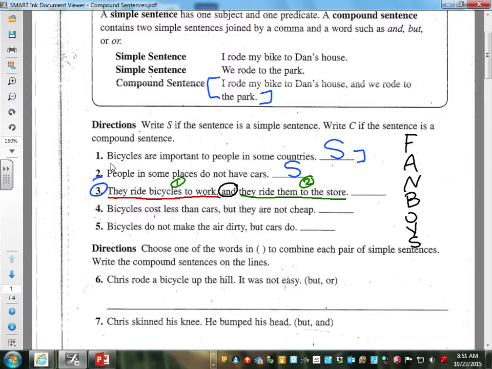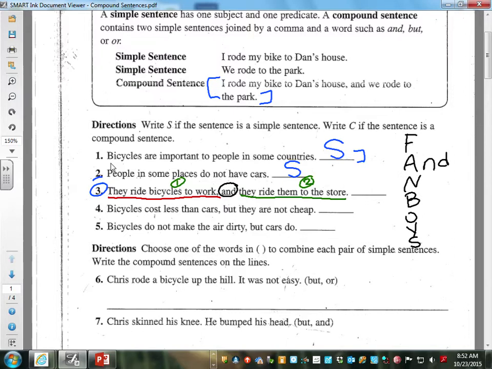These are the words that you can use within your sentence to put them together. As we identify them, I want us to fill out our fanboy word. Right now we have the A for and. So we know that the A in fanboy stands for what? And. So that's the first conjunction that we can use to put our sentences together.